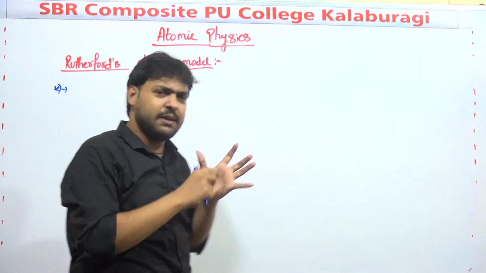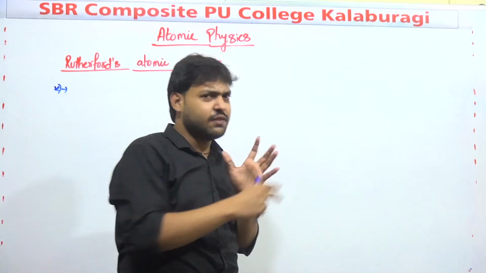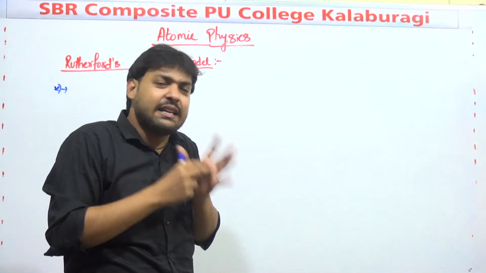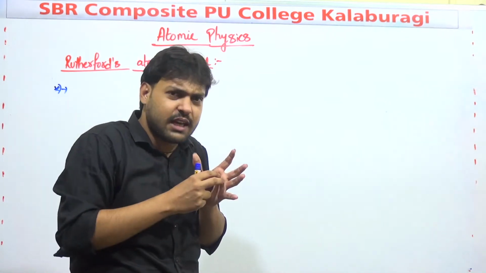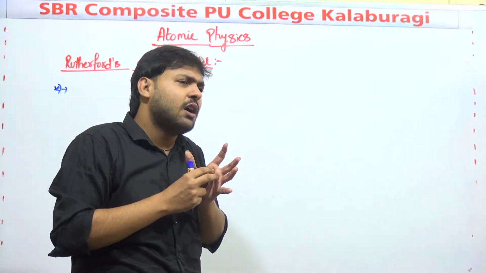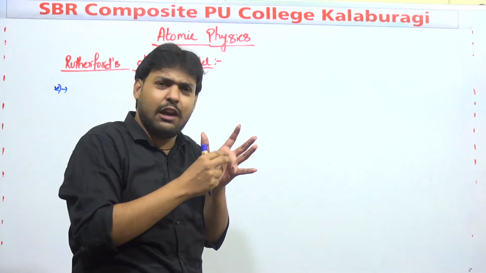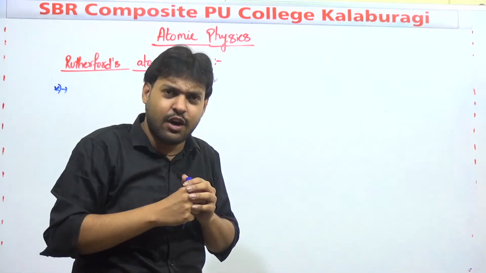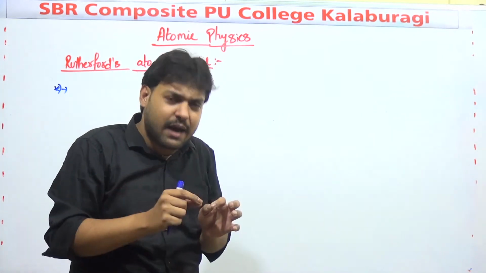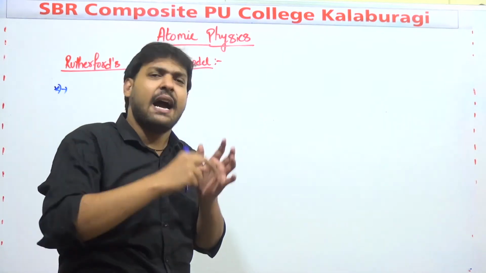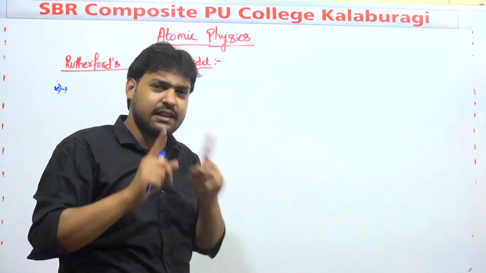The nucleus will be at the center, and it is of positive charge, and almost 99% of the mass will be located at the center of the atom. Yes or no? So 99% of mass will be located at the center, that is nothing but the nucleus, and it is of positive charge, right? That is the first point.